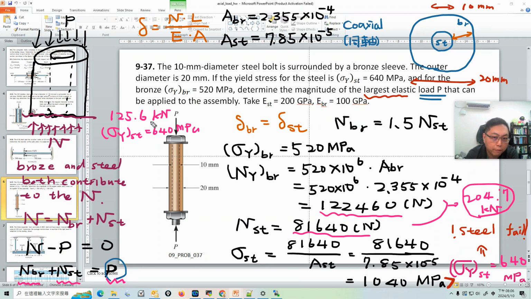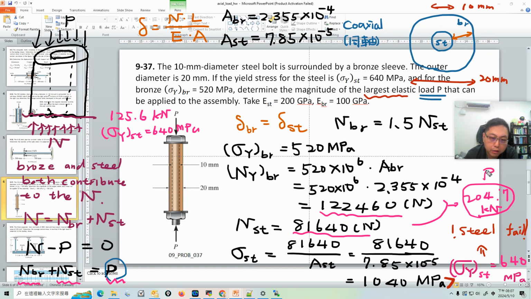That's greater than the value we calculated before, 125.6 kilonewton. This should be the largest elastic load.